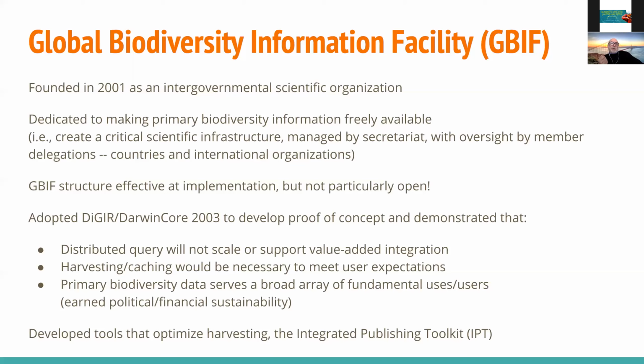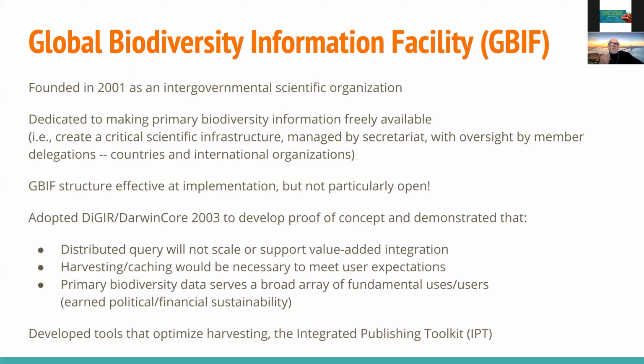So GBIF started to, in essence, cache what they were getting from their queries, and they began harvesting. And they definitely proved that that was going to be necessary to meet user expectations.